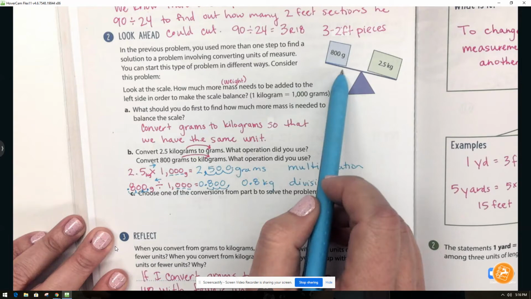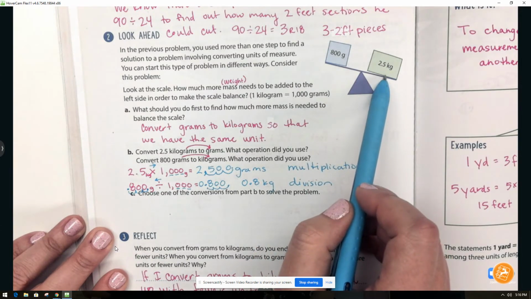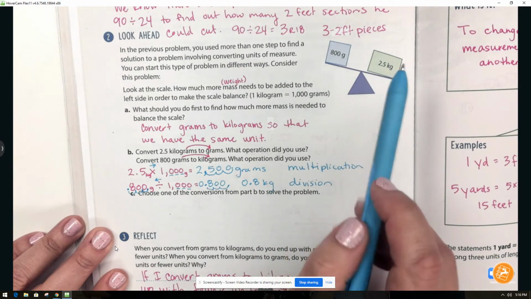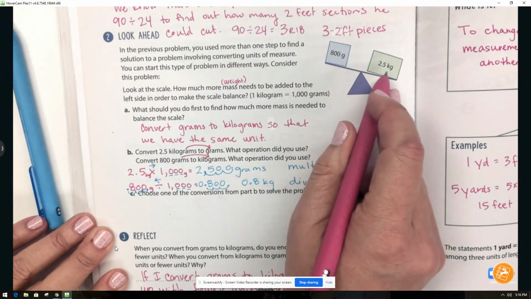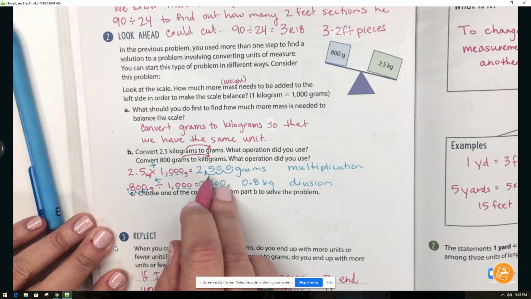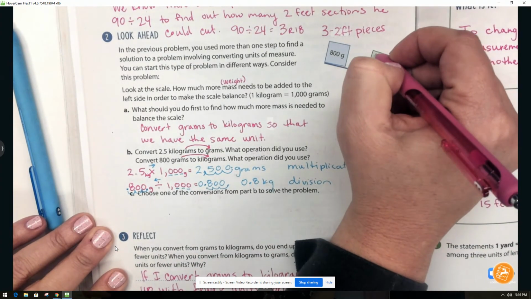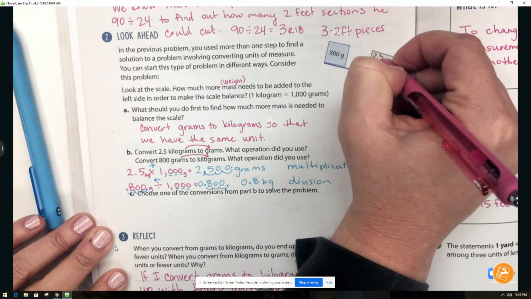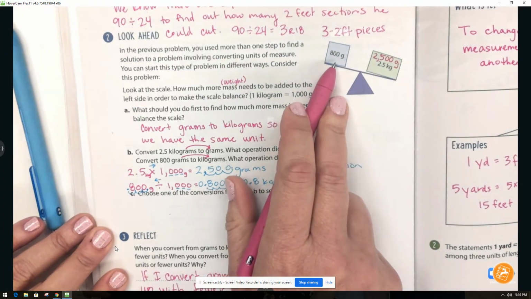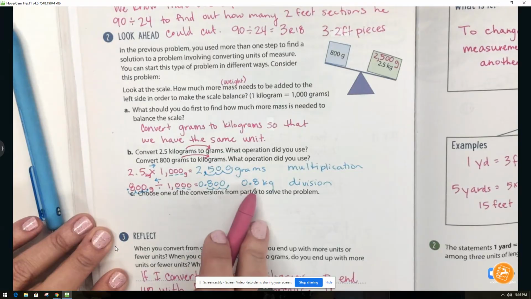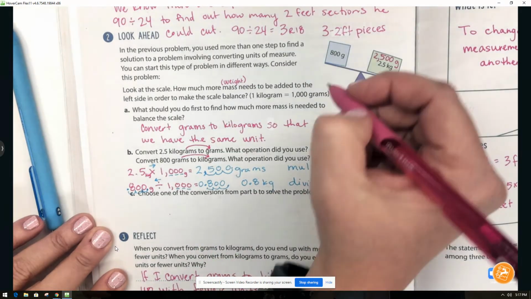I want this side of the scale to equal this side of the scale. Now, we know that this 2.5 kilograms is the same as 2,500 grams. And we know that this 800 grams is the same as 8/10 of a kilogram.